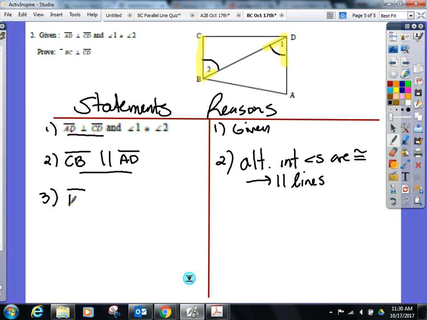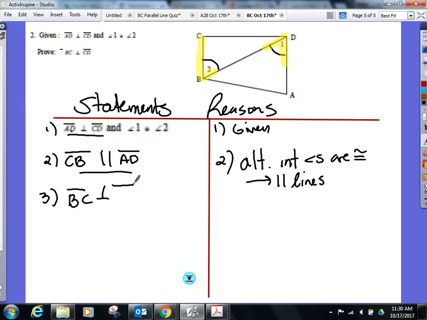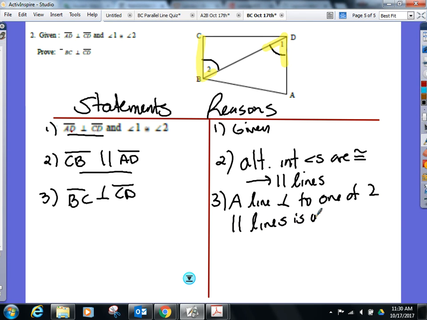So that's how I end up with BC being perpendicular to CD: a line perpendicular to one of two parallel lines is also perpendicular to the other parallel line.